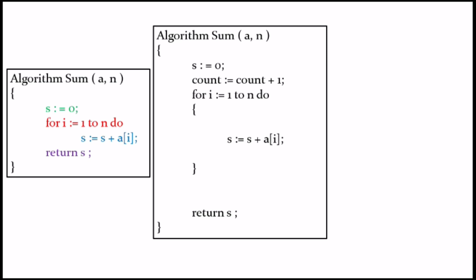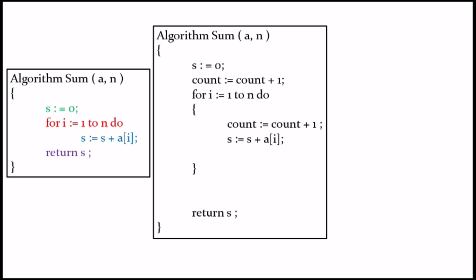After that, the next statement that will be executed is the for loop. It starts from i equal to 1 to n. So how many times will this for loop repeat? n times. So we will take an increment operator for counting in the for loop. This count will be repeated n times.